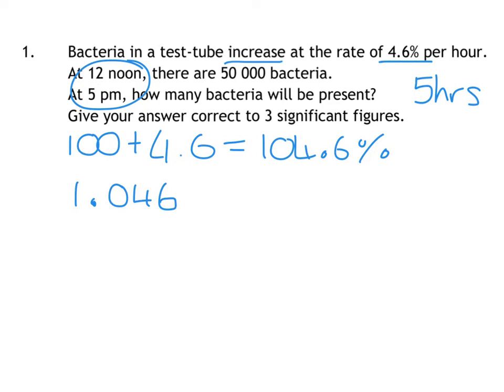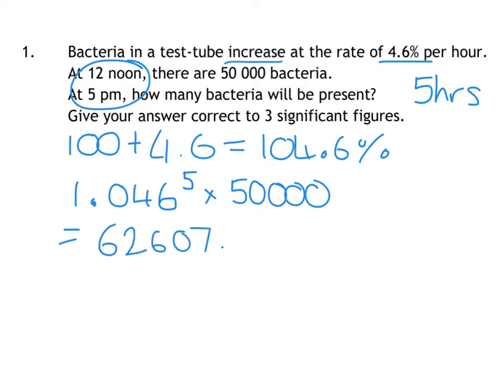Because it's for 5 hours, we're multiplying by that 5 times. So we do the power of 5 and we times that by the starting value. This will give you the answer if I just quickly type it in. This gives you 6267.79, and so on. Now they ask for your answer to 3 sig figs.